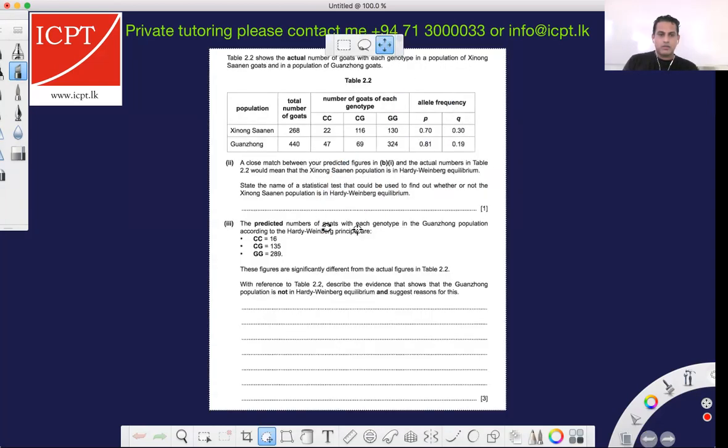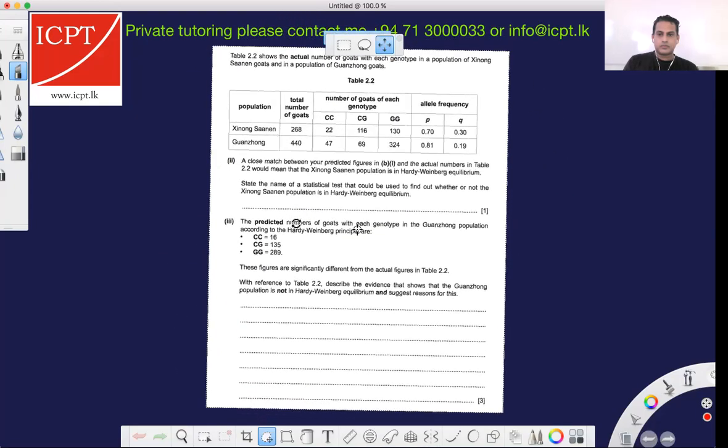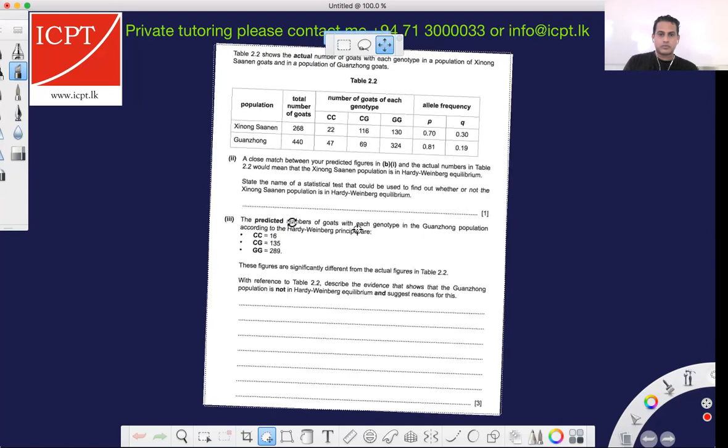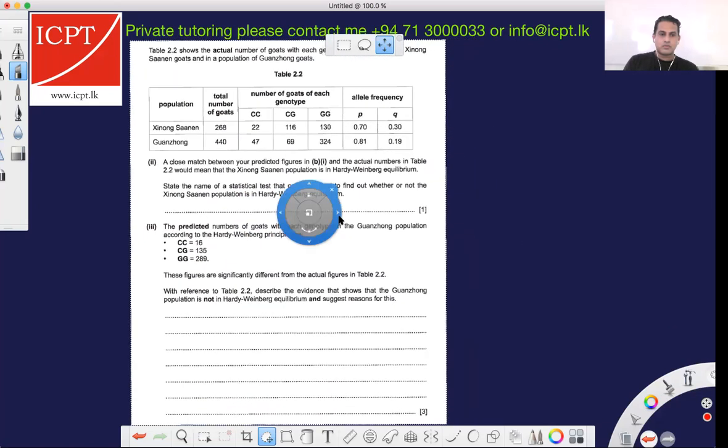Okay, we come to the last part of the question. The total number of goats is 268, and for Guangdong it is 440, and we can find the number of genotypes and then allele frequencies.